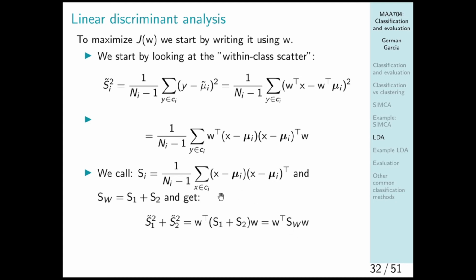And what's SW? Well, it's S1 plus S2, which is 1 over N1 minus 1 times the sums within class 1 plus the same within class 2. It's actually easy to calculate. We have data and we have the mean.